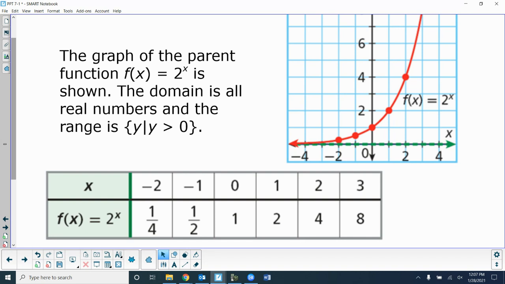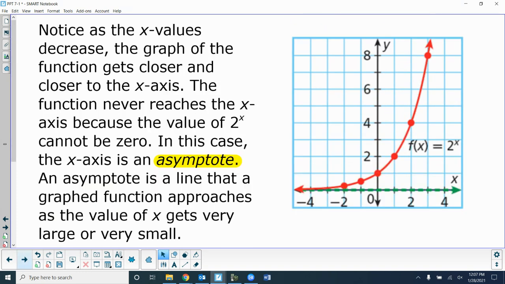Yeah. Okay? So what's happening is they have this dashed green line here. This red line, it gets closer and closer to that dashed green line, which is the x-axis. Okay? And this dashed green line, the x-axis in this example, is called the asymptote.